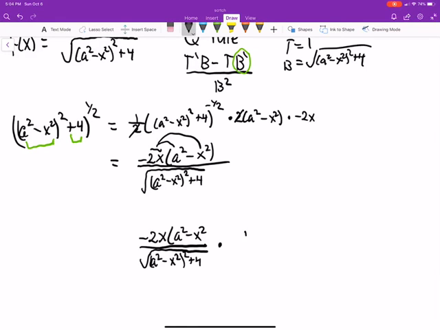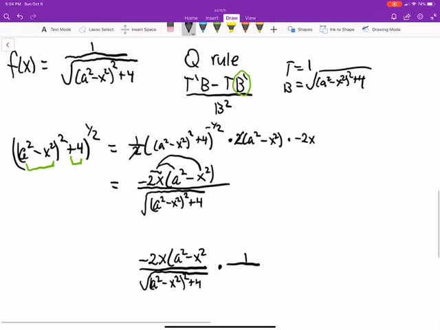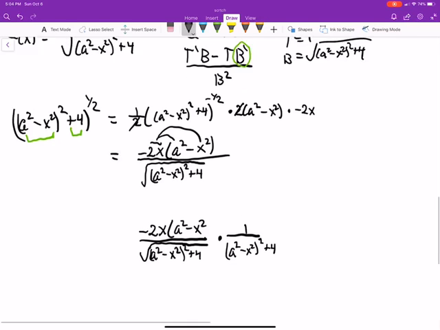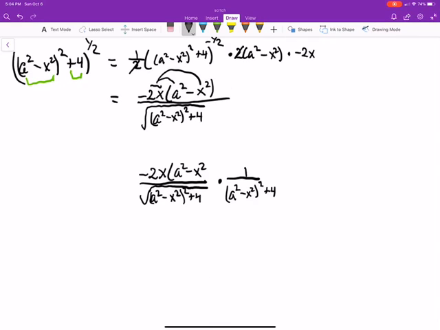times the bottom squared. Which the bottom squared will just be, it'll just be this because we square it. So yeah, there we go. We could simplify this further. This is just minus 2x. Oops.